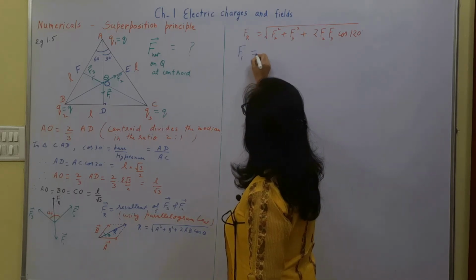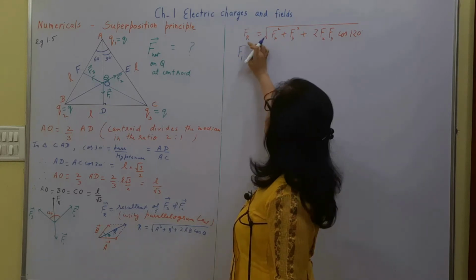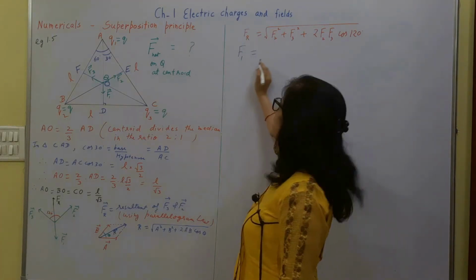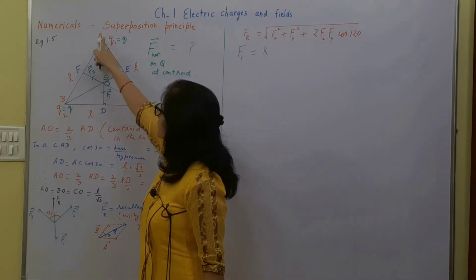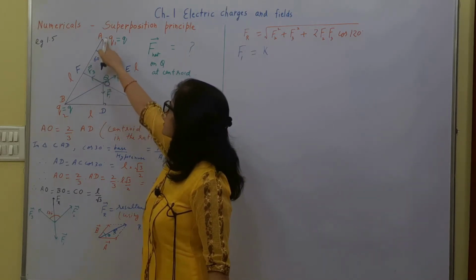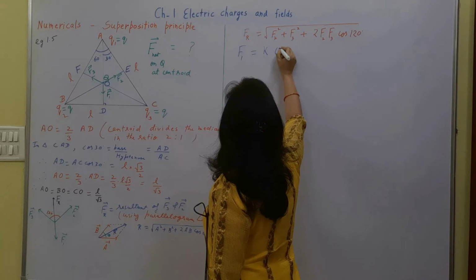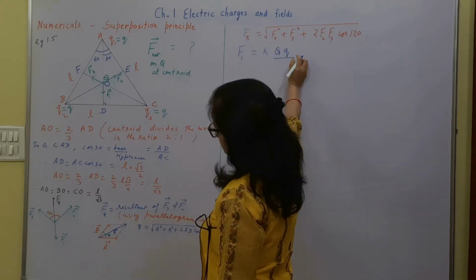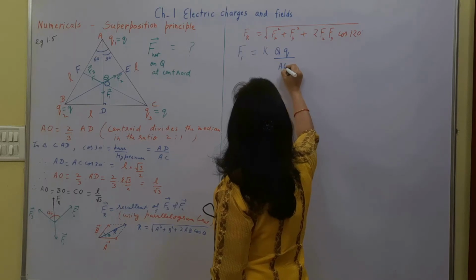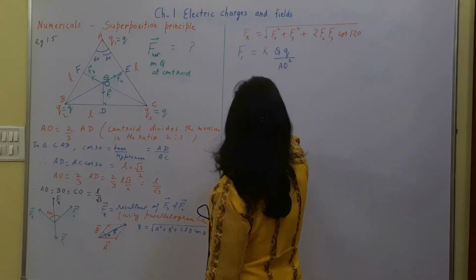So, F1 magnitude, if I am not marking the vector sign, this shows that this is the magnitude only. So, this will be K Q1 into Q, that means Q into Q. So, capital Q into small q upon AO whole square, right?